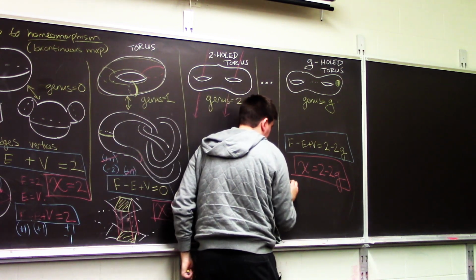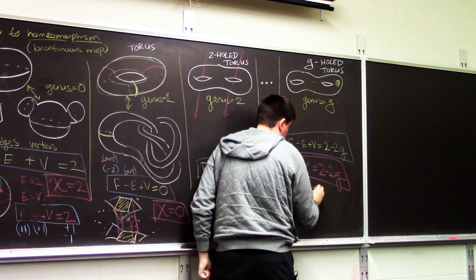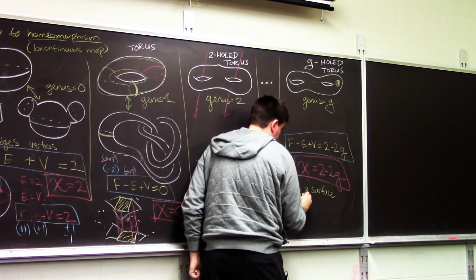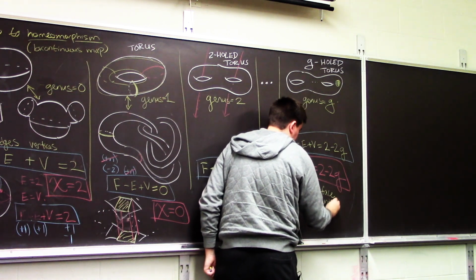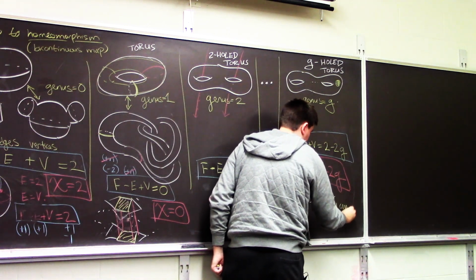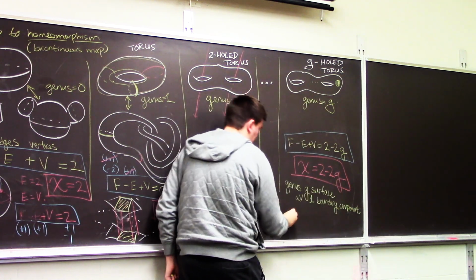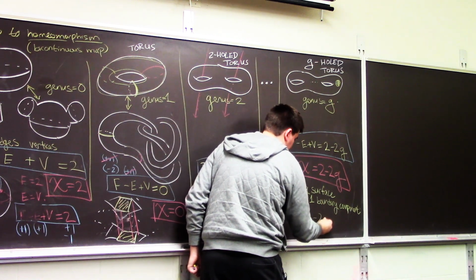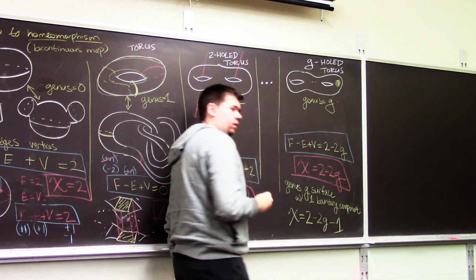So if you had a genus g surface with 1 boundary component, then by your Euler characteristic, you would have 2 minus 2g, but then you remove the face, so minus 1.